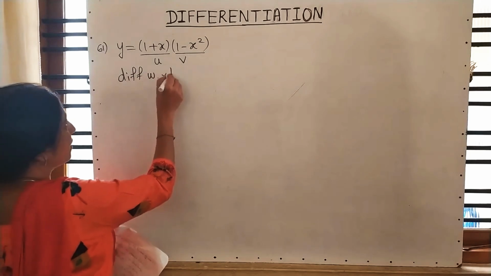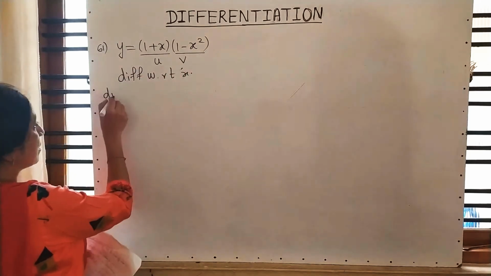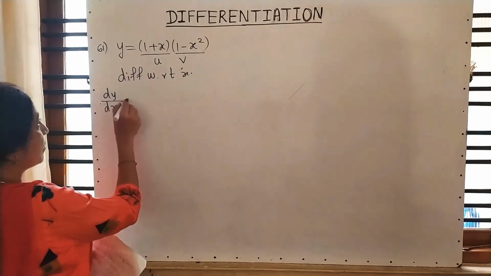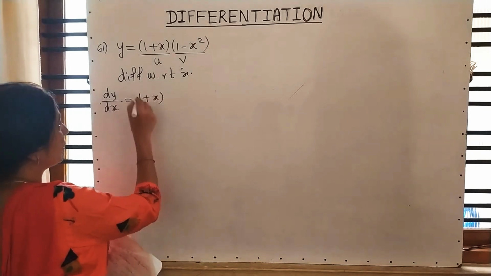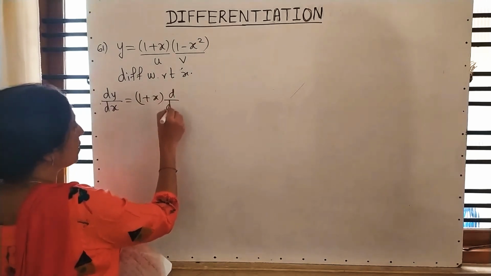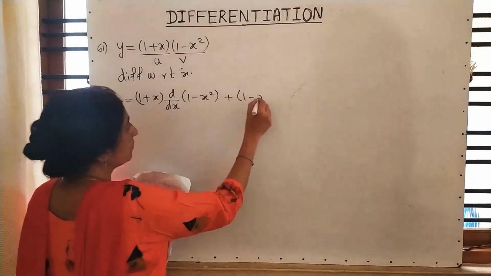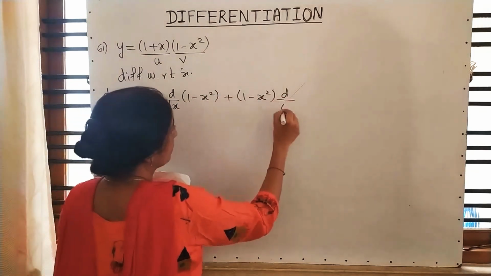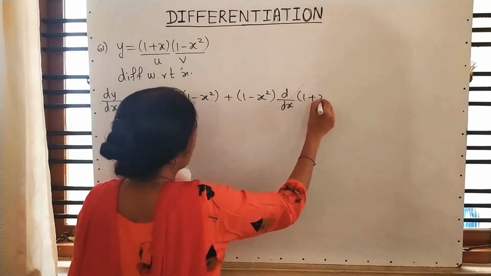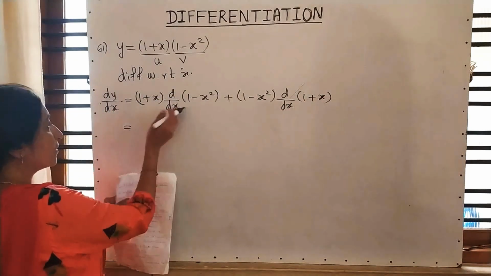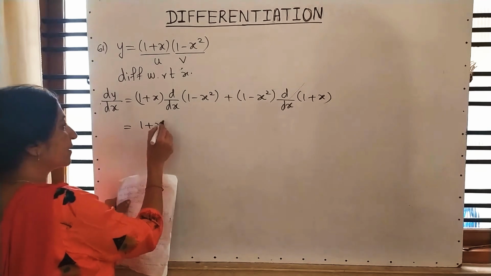Differentiating with respect to x, dy upon dx is equal to, this is u as it is, differentiation of v plus, here, this is before differentiation, keep as it is.